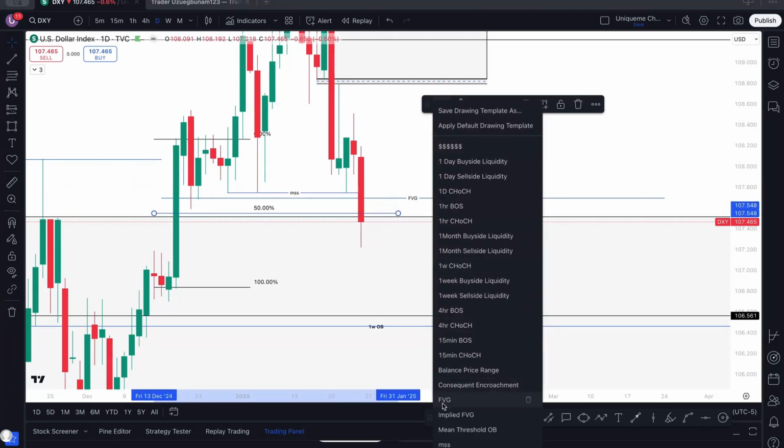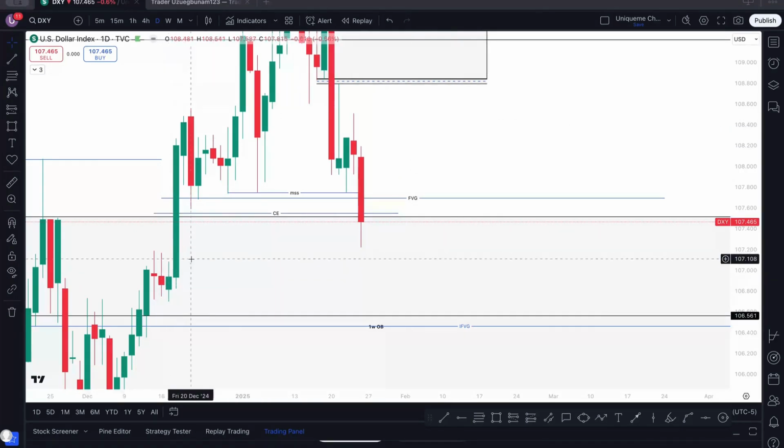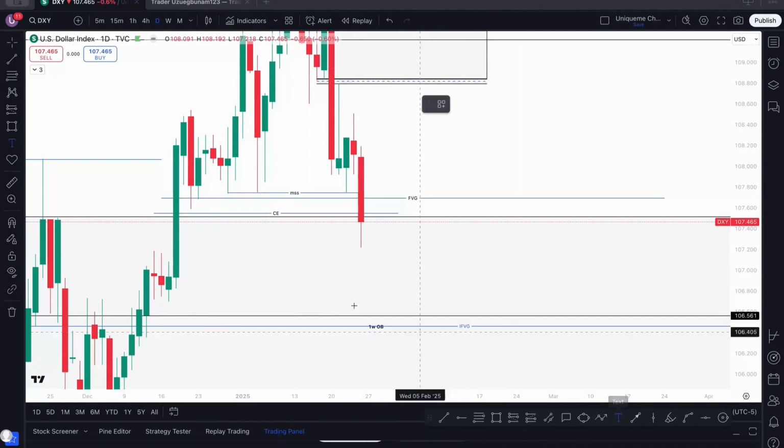Then I see a, no, not implied fair value gap. This is the 50% from the fair value gap. That's consequent encroachment. I see a consequent encroachment there from the fair value gap which my price has drawn into. And also we have an order block which price will treat as a form of draw on liquidity.